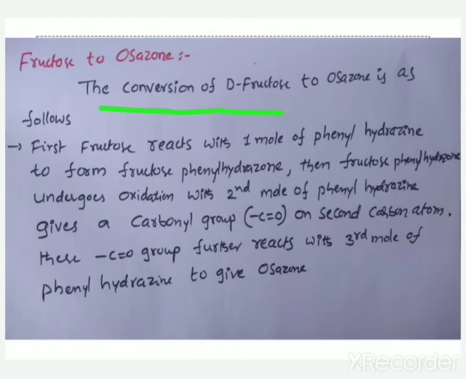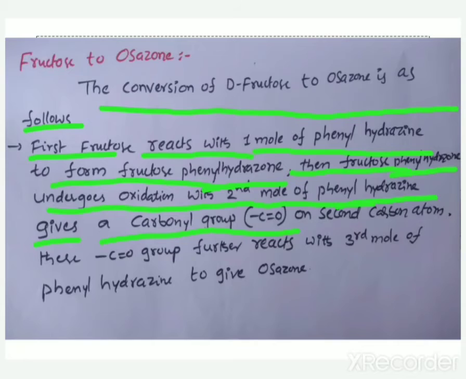The conversion of D-fructose to osazone is as follows. Initially, fructose reacts with 1 mole of phenylhydrazine to form fructose phenylhydrazone. Then, fructose phenylhydrazone undergoes oxidation with second mole of phenylhydrazine, giving a carbonyl group on first carbon.